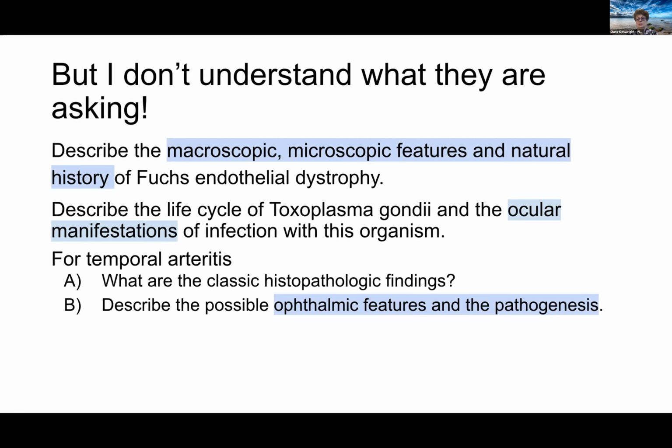Another clarification, isn't the clinical the same as the macro? It can very much be the macro, but it's also the slit lamp, which is a clinical feature, so it's everything you can see with your eyes and the patient using the instruments in the clinic. In the clinic stuff. So there we go.